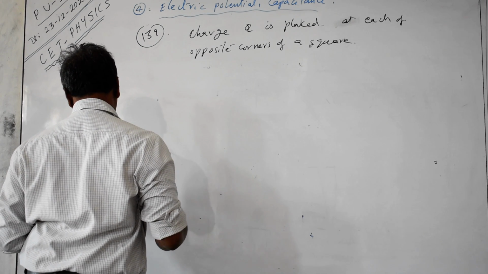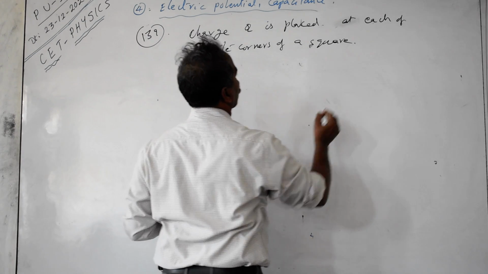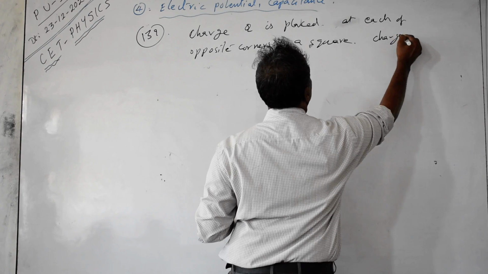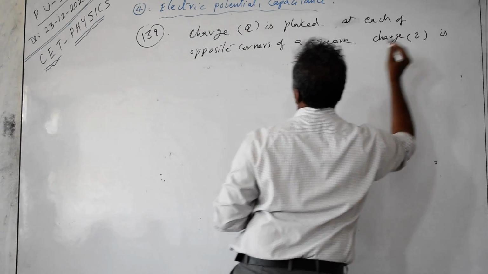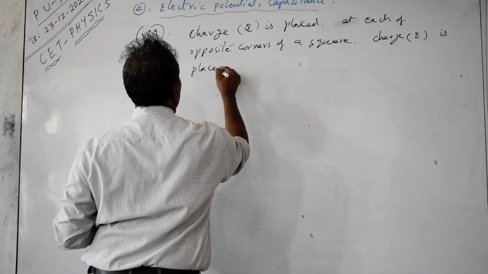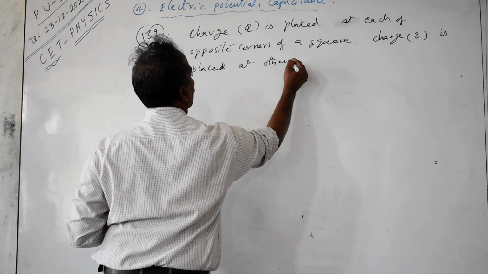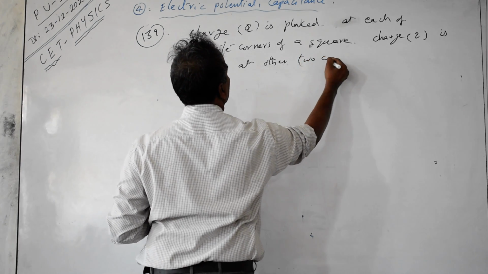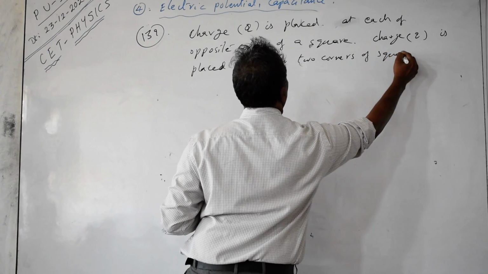Charge q is placed at each of the other two corners of the square.